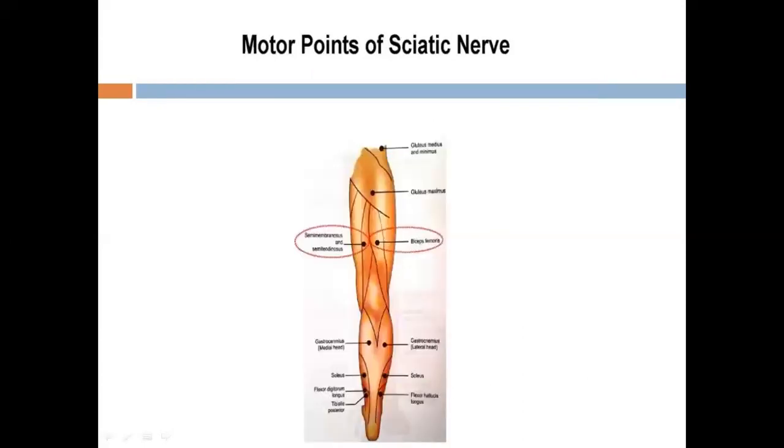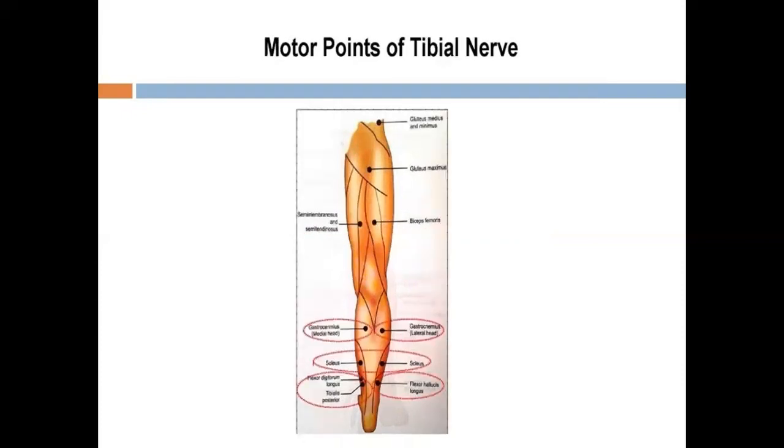Now moving on to the motor point of the sciatic nerve, we have biceps femoris, semimembranosus, and semitendinosus. These are the hamstring muscles. Moving on to the motor point of the tibial nerve, we have gastrocnemius and soleus, gastrocnemius in which the medial head and the lateral head, in soleus also the lateral and medial side, and flexor digitorum longus, tibialis posterior, and flexor hallucis longus.